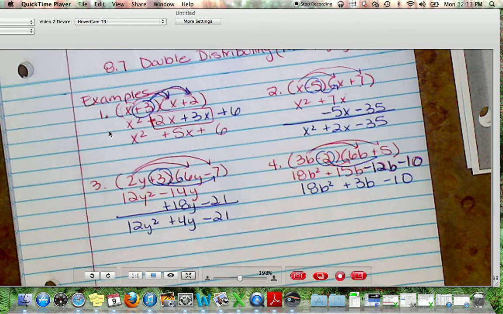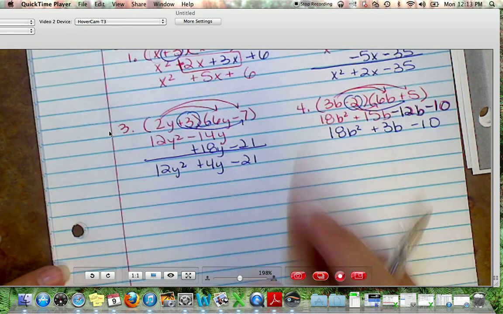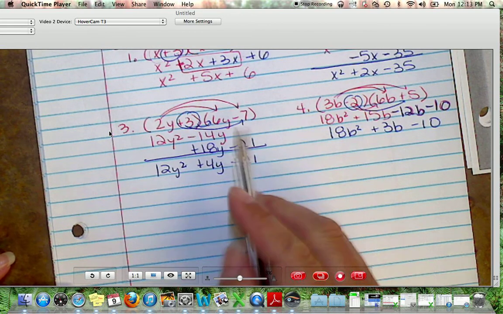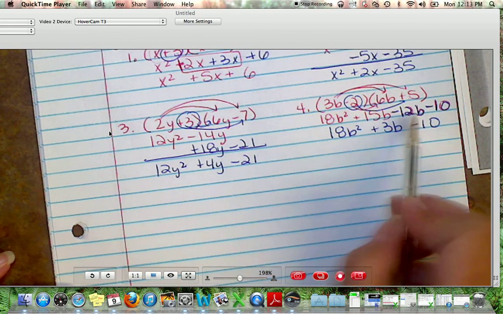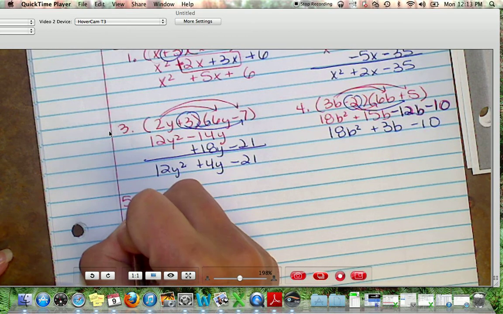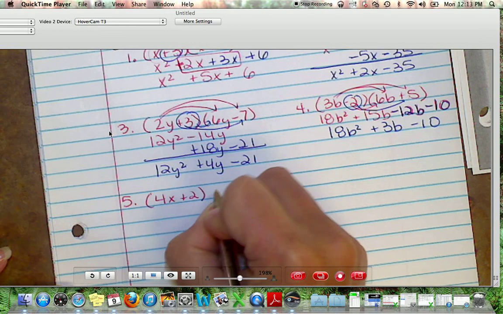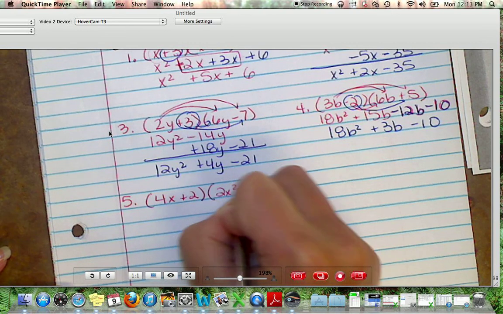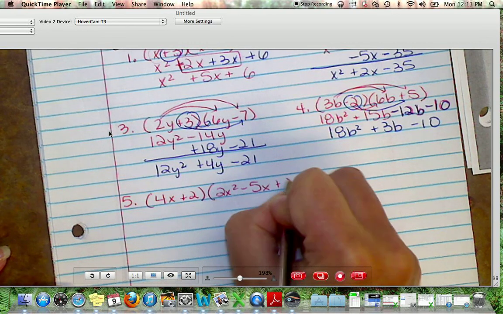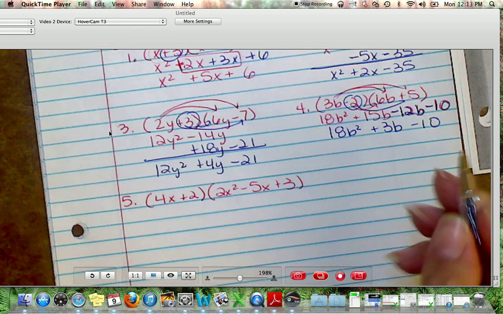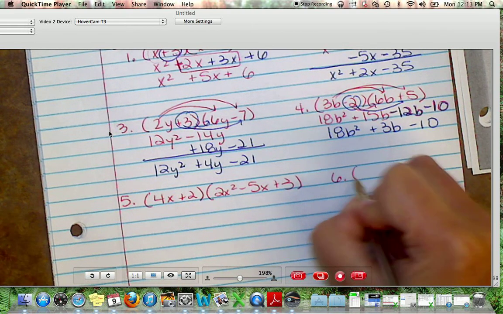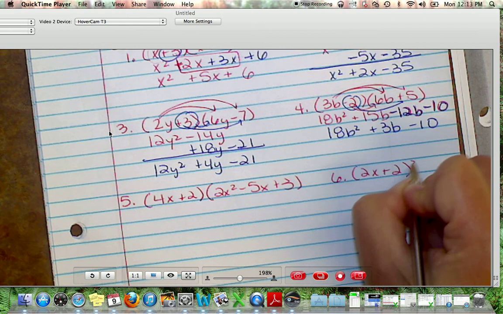We're going to do two more together. Hopefully those went well. All right, I did one vertically stacked and the other one horizontally. Last two. This time we have a binomial, 4x plus 2, times a trinomial. And here's where the stacking really comes in handy. And then we'll do one last problem.